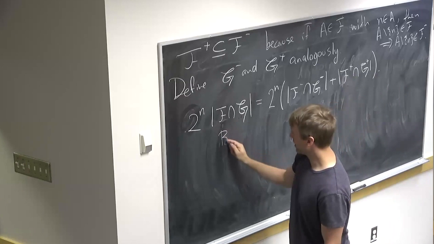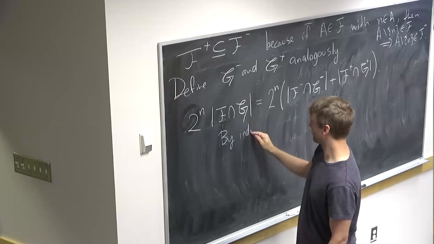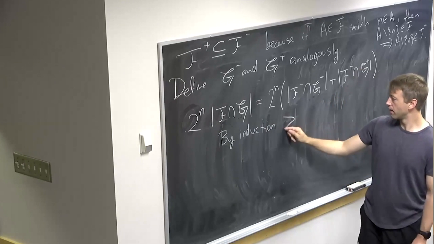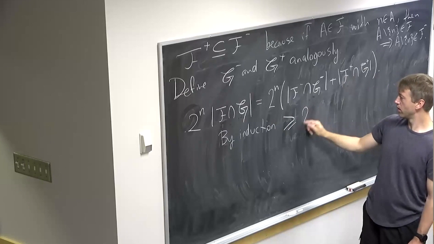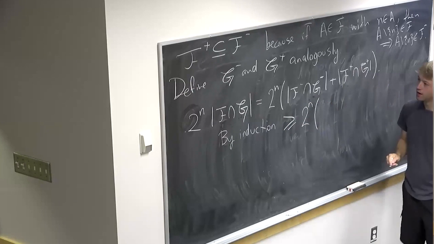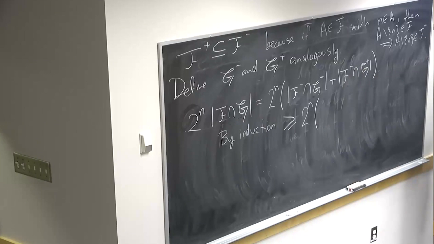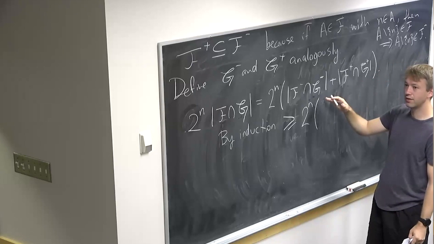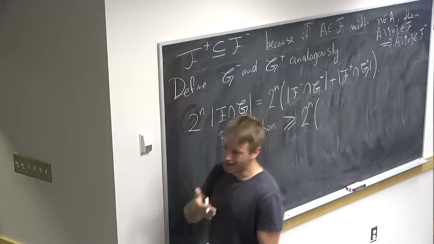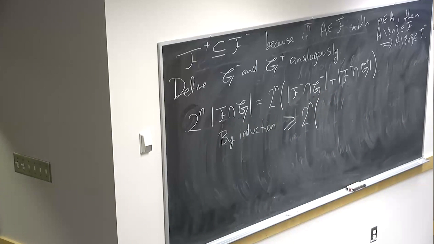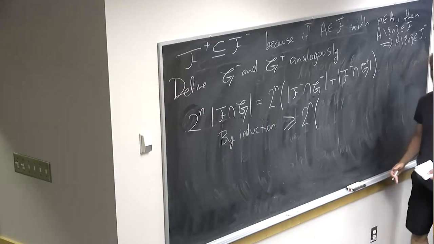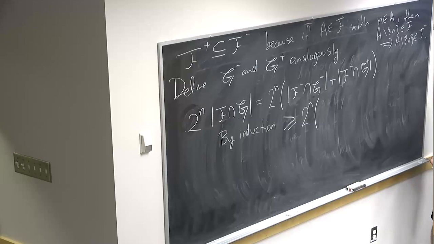So by induction, keep my 2 to the n. We have to do some thinking about where all these different 2 to the n's go. When n is equal to n minus 1, all these 2 to the n's become 2 to the n minus 1s. Okay, that's what we want.